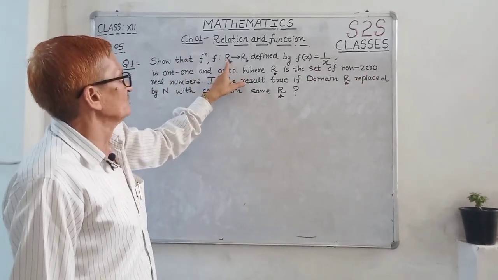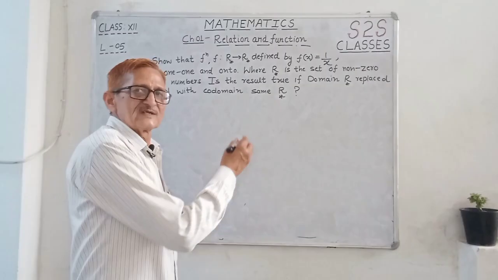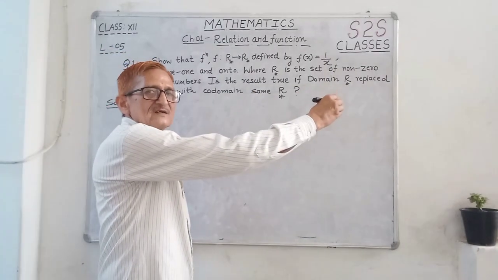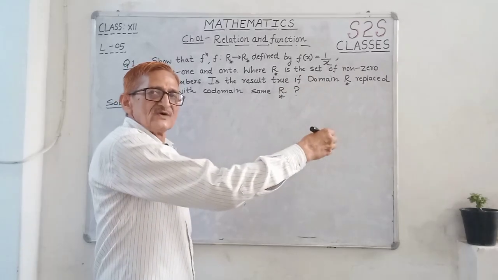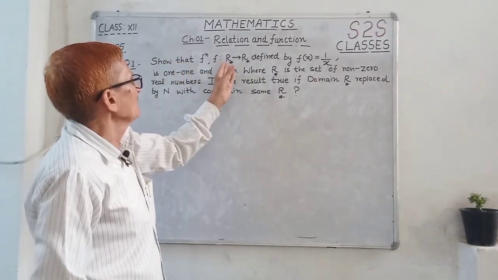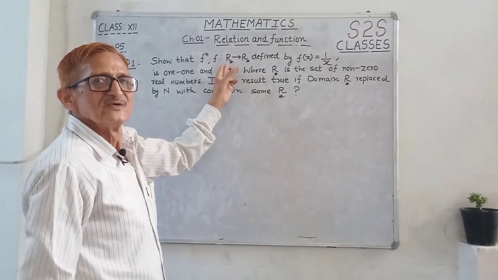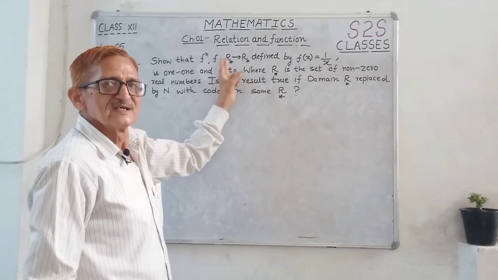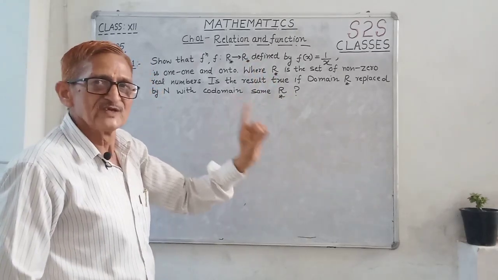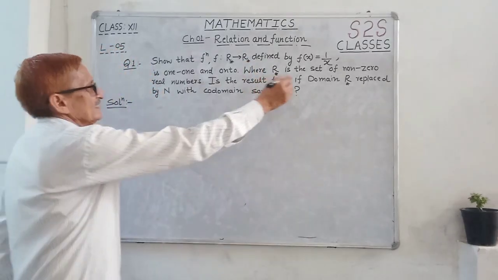Yes beta, R star is the set of all non-zero real numbers. So domain also non-zero real numbers and codomain also non-zero real numbers. So we have to check this, so that it is one-one and onto.